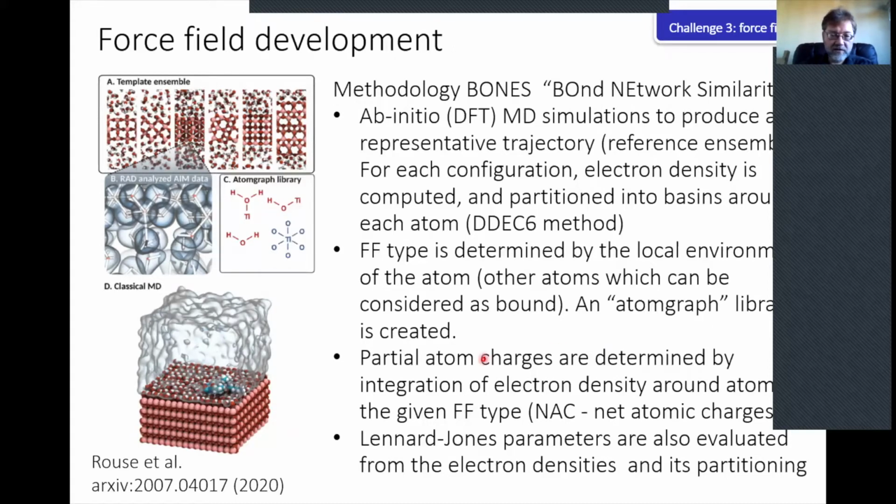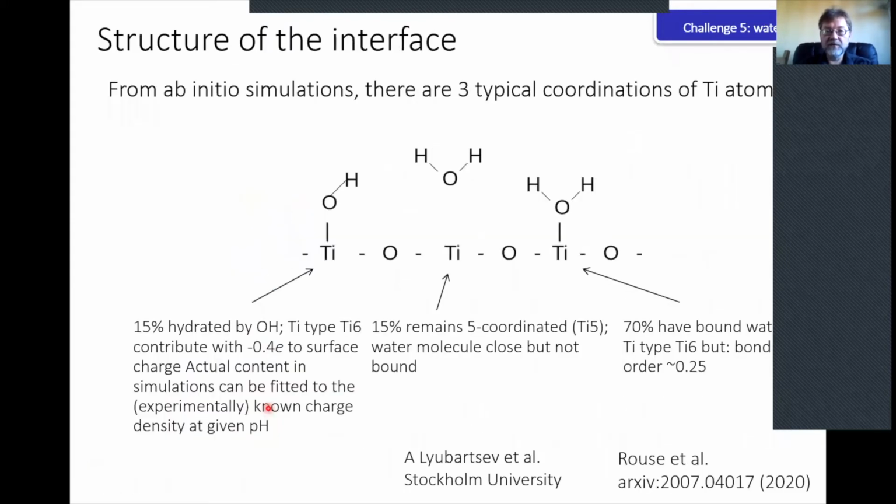And this method is presented in our joint paper, which is on arXiv, not yet published, but the manuscript is available there. So we start with the DFT, ab initio modeling of the surface of a material like this in presence of water. So what is extracted from DFT modeling?